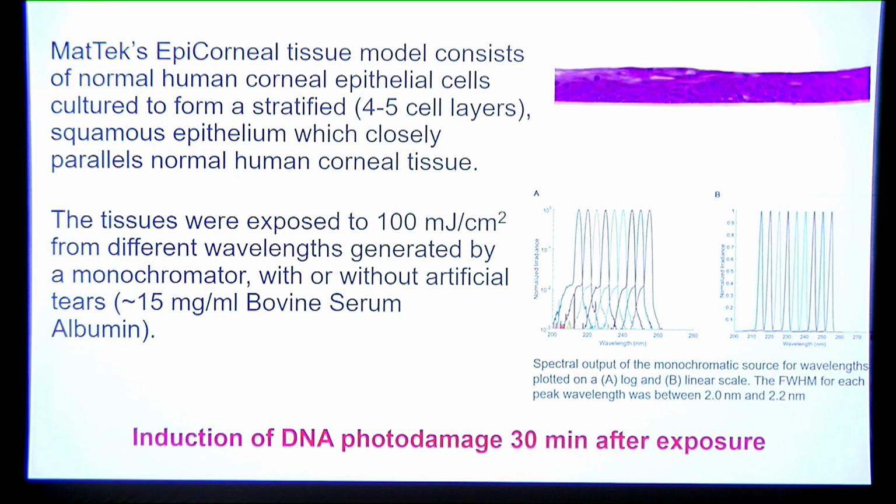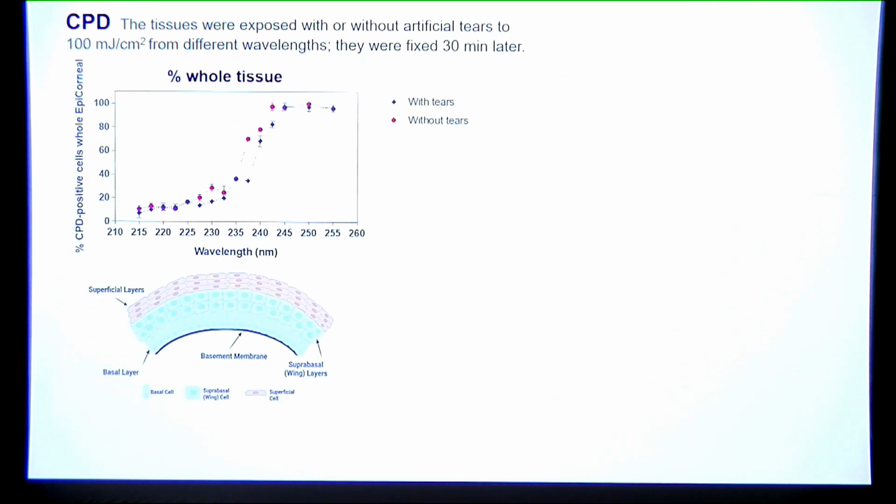So what I'm going to show you next is induction of DNA photodamage, and this was assessed 30 minutes after exposure. So we look at CPDs, and what you see here are the percentage of CPD in the total tissue, the whole tissue.